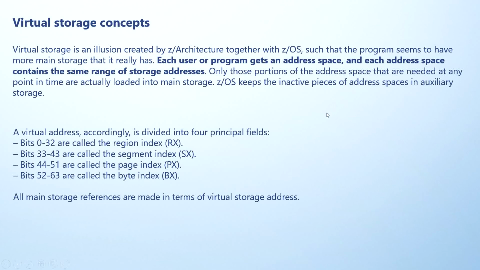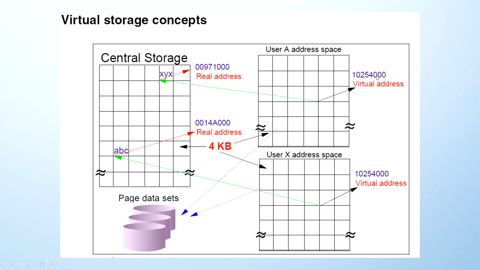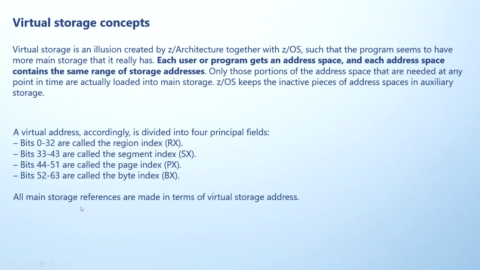Okay, for example, you have seen this virtual address, right? He is trying to show here how exactly it is subdivided into bits. Bits 0 to 32 are called the region index, 33 to 43 the segment index, 44 to 51 the page index, and 52 to 63 the byte index.